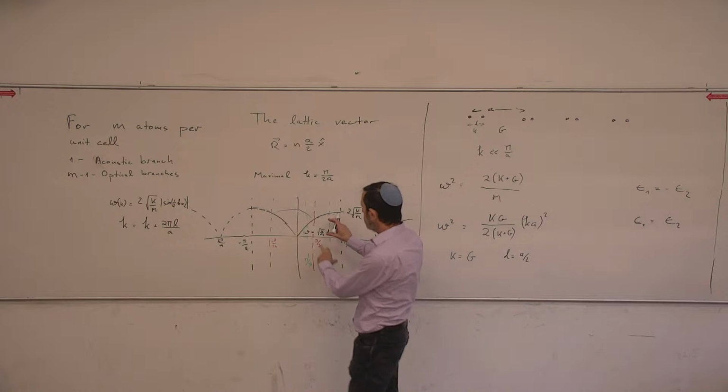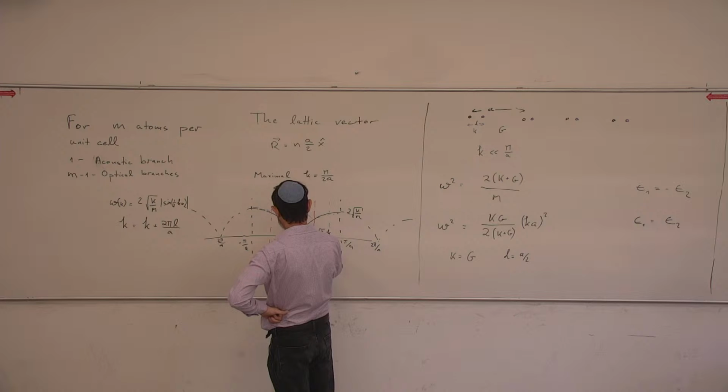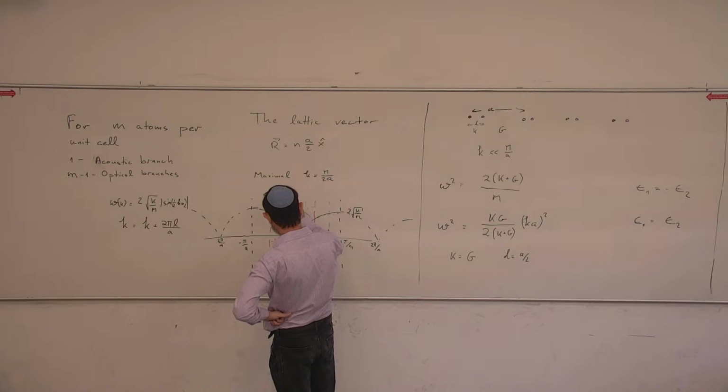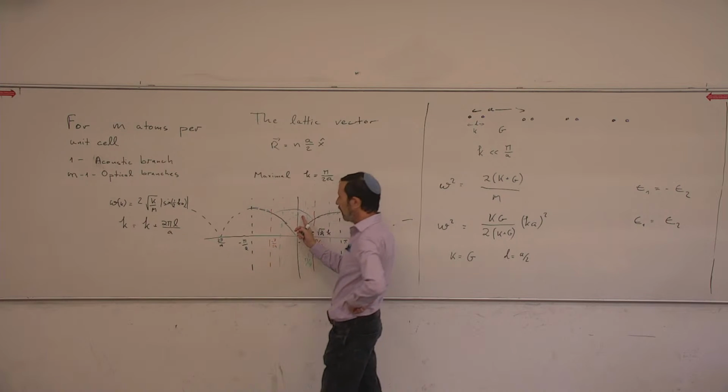Okay? This one, I move it, fold it into here. And the one from here comes in here. And this one will be folded into here, and this one will be folded into here.